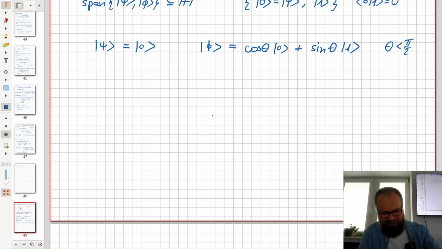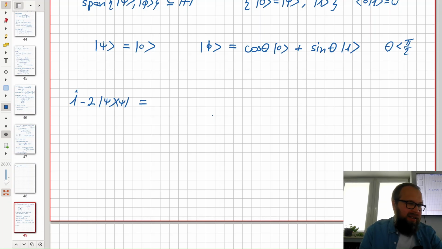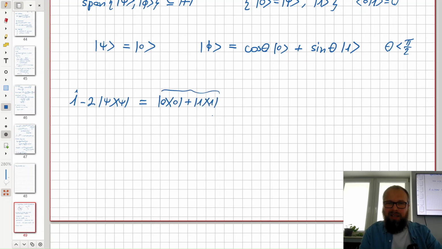Whatever the case, with this parametrization, we can actually calculate explicitly the reflections. The reflection about psi can be calculated explicitly. So this will be identity.